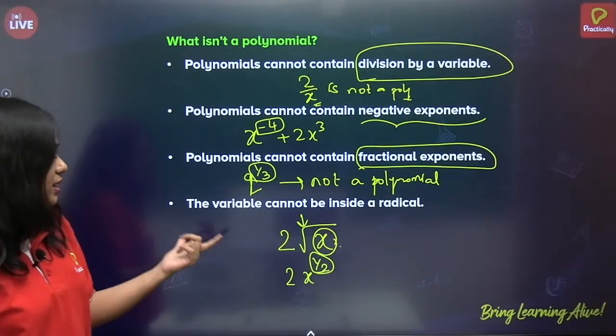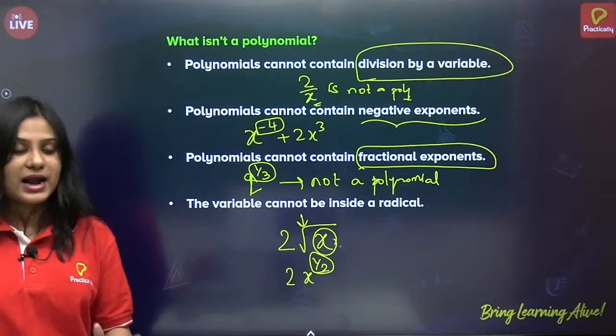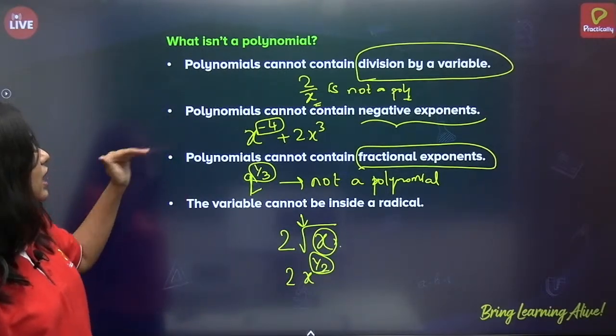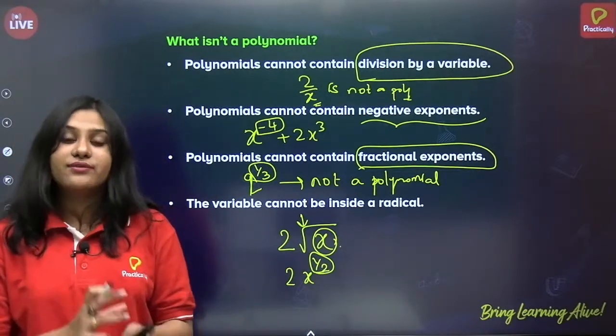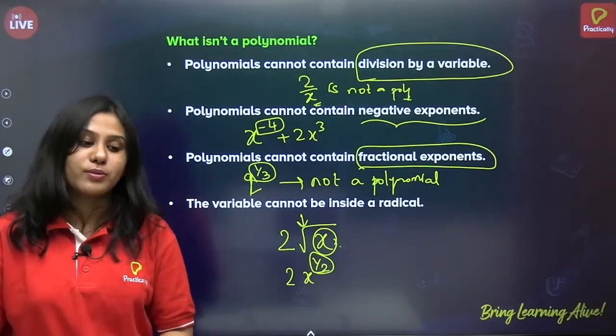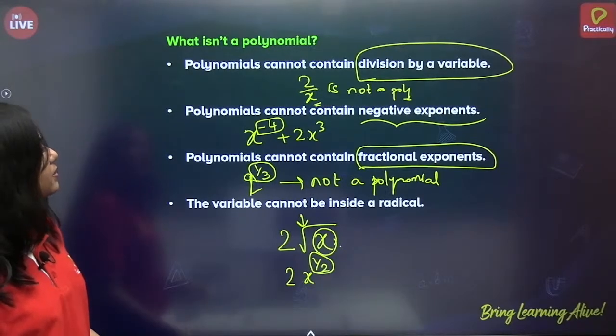So the variable cannot be inside a radical. These are the things you have to remember to check whether the given expression is a polynomial or not. Now let's see a few examples.